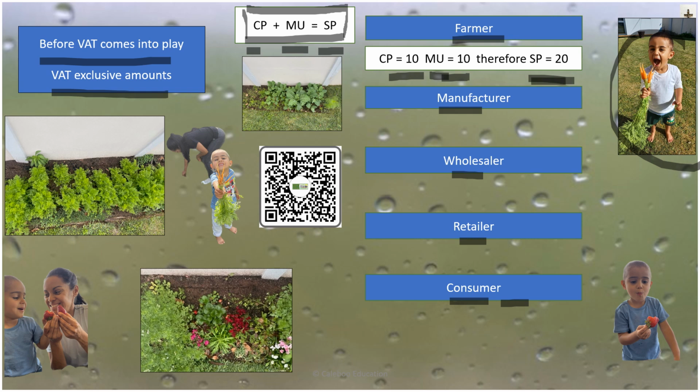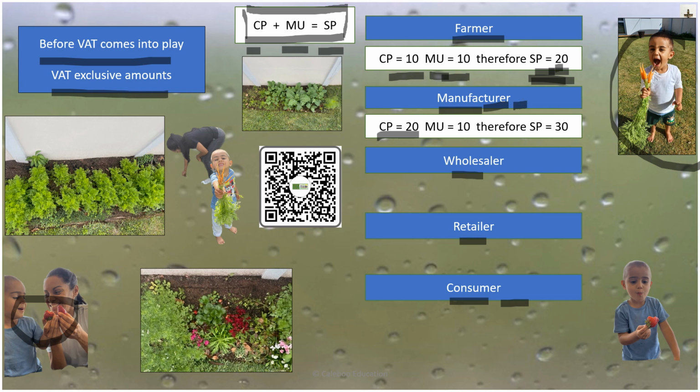The manufacturer of, let's say, the strawberry jam from the farmer, the strawberries from the farmer, the manufacturer will make jam. The cost price of the manufacturer will be the selling price of the farmer. So the cost price is 20 because the manufacturer purchased the products from the farmer for 20.